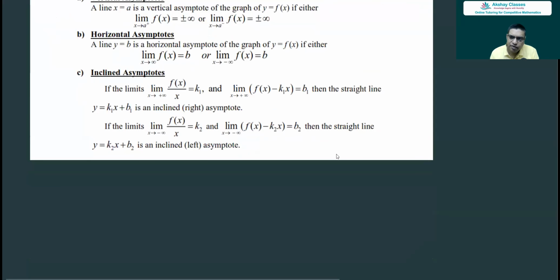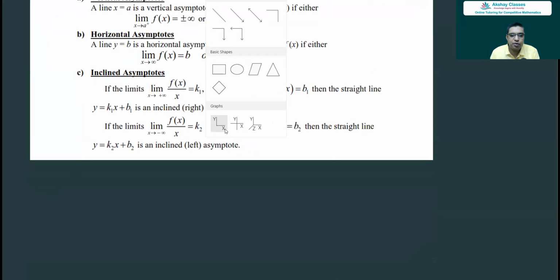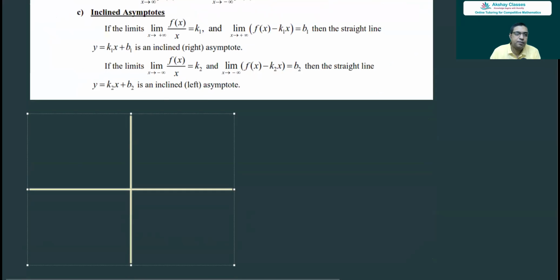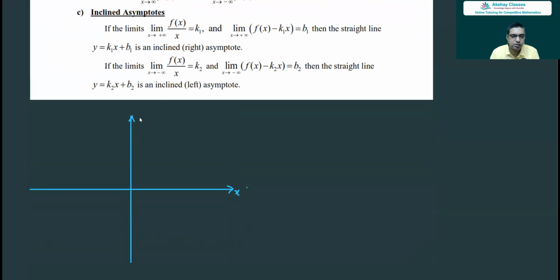Examples of asymptotes that we have come across. We have very much come across curves like, I'll just plot. Please tell me what is this curve? So e power, yes, y equal to e power x.